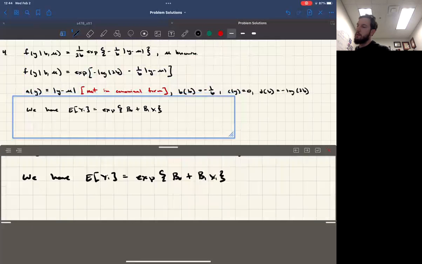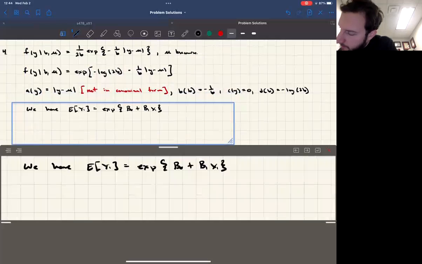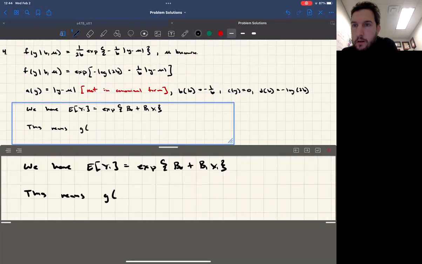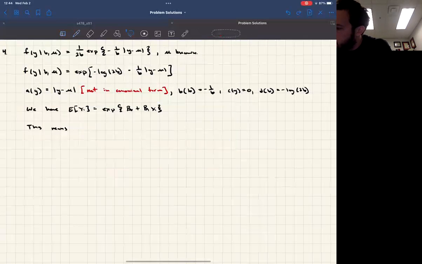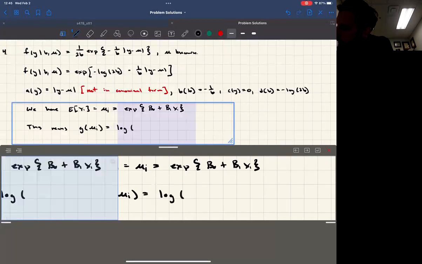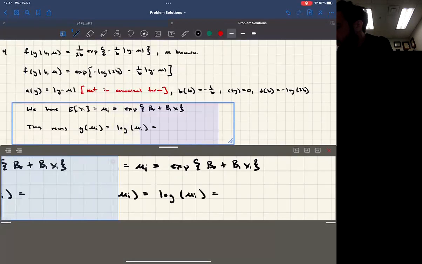This means that g of, okay, so let's write, just for clarity, the expected value of yi, which is the same thing as mu i, is equal to the following. So that means that g of mu i is equal to the log of mu i, which is equal to beta 0 plus beta 1 xi.